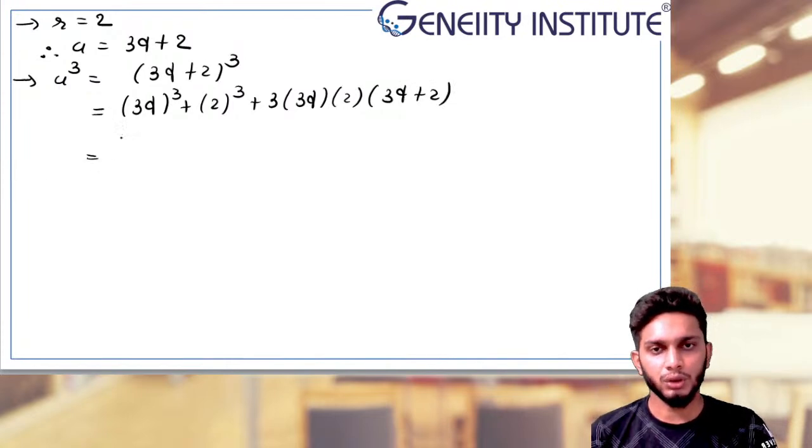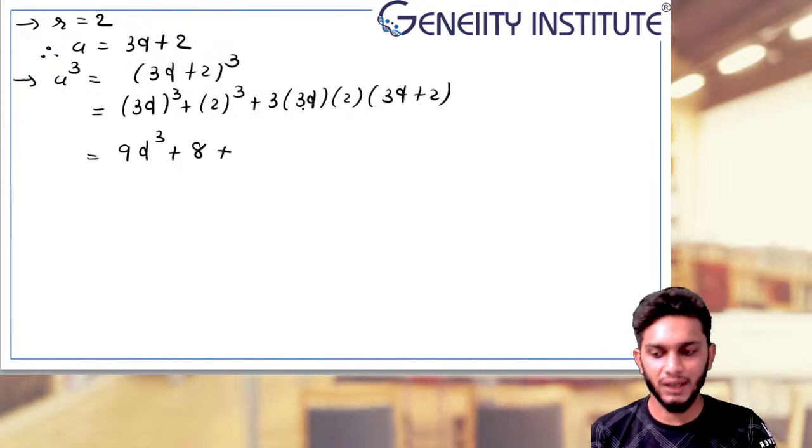So 3q whole cube plus 2 cube, so 8, plus 3 into 3 threes are 9, 9 twos are 18 q into 3q plus 2.